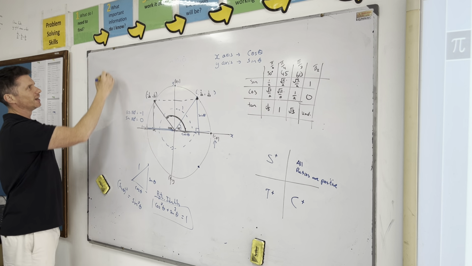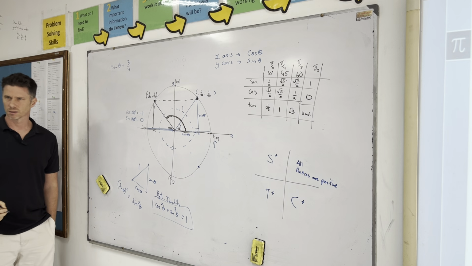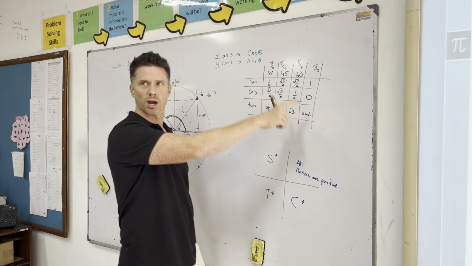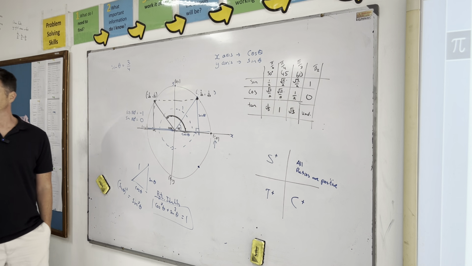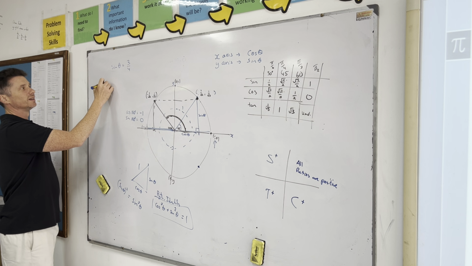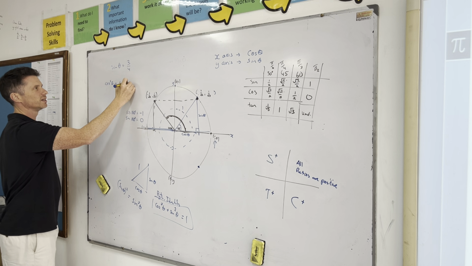So, if I know that sine theta is 3/4, that's not a known angle. It's not written here. Can I find what the cosine of the angle is? Yes, straight away, because cosine squared theta plus sine squared theta is 1.